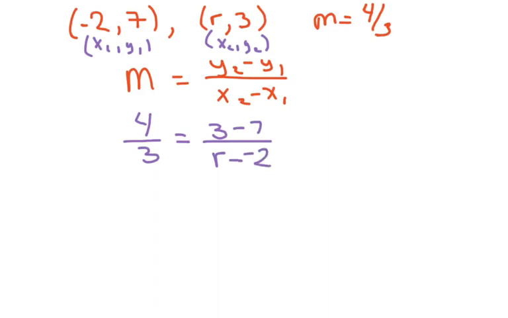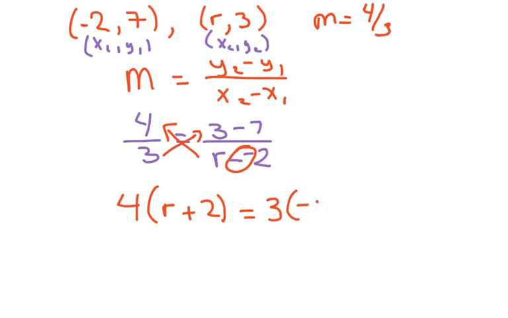Now I'm going to cross multiply. I'm going to cross up here like that. You get 4 times r plus 2. I went ahead and changed that to a positive, equals 3 times negative 4. I went ahead and made that a negative 4.